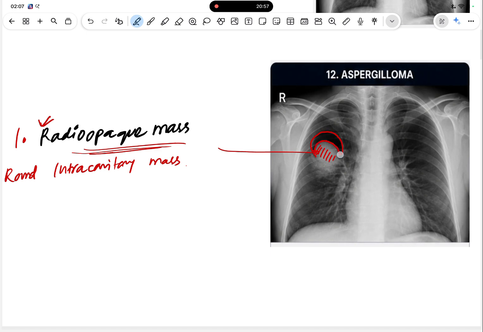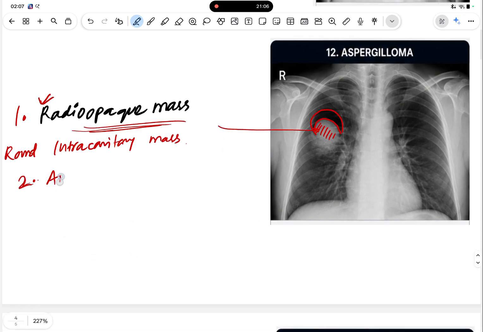So this we call the air crescent sign. Air crescent sign means there is a crescent-shaped radiolucent area.